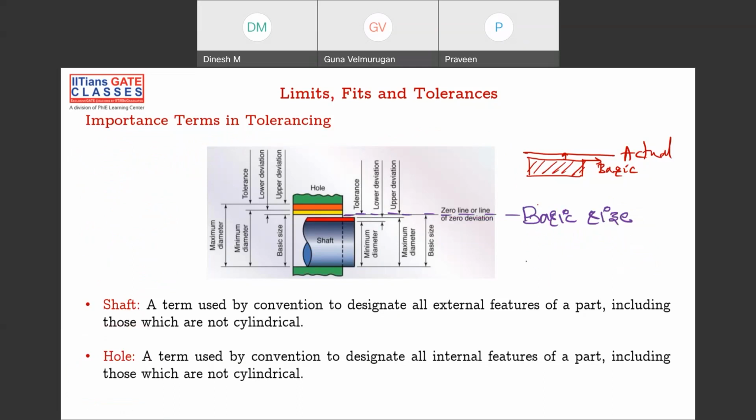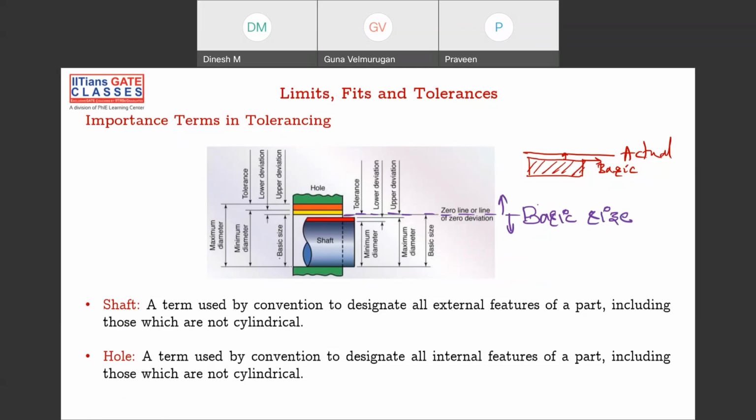Okay. Now either you can go up or bottom for the hole, right? I can go up or bottom for the hole. So what I'm saying is that this hole what you're seeing is not a full hole.